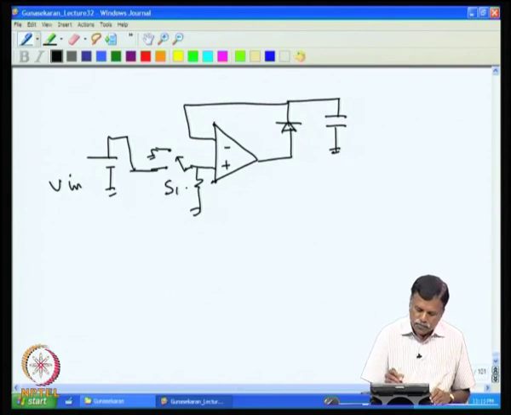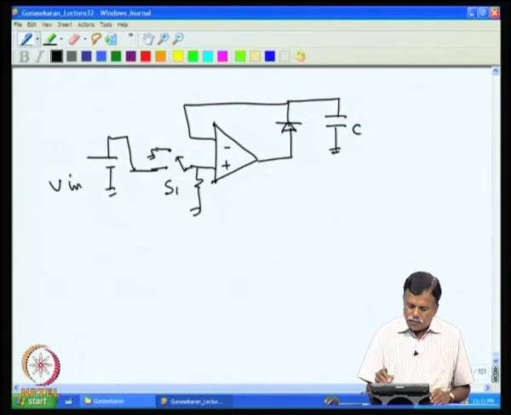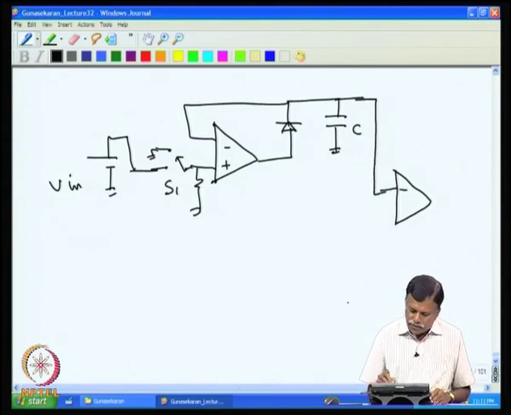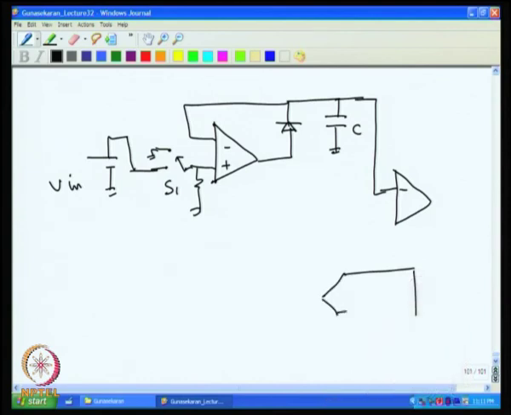This is switch S1, and this is a capacitor. This can be given to our converter, which actually gets the input from our DTA converter, which gets it from the SAR here.